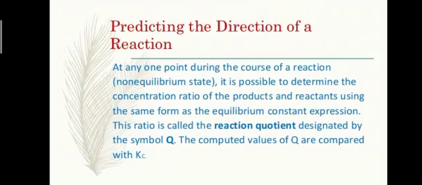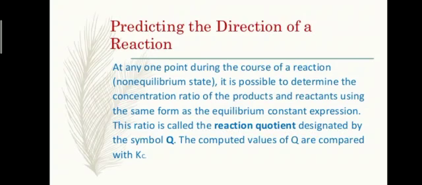The direction of a chemical reaction at any particular time can be predicted by means of the products by reactants ratio. The value of this ratio leads to one of the following three possibilities.